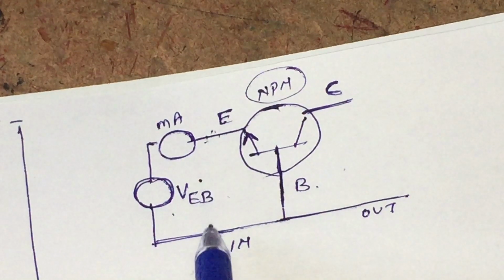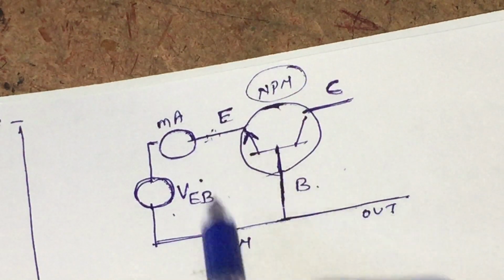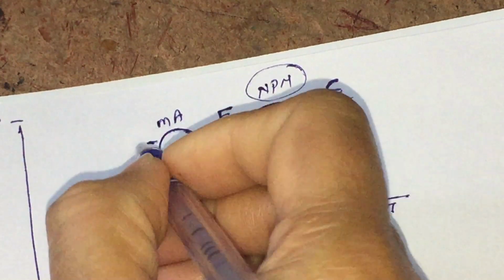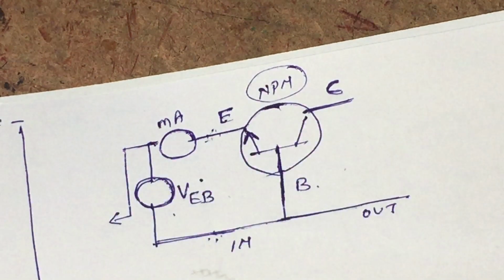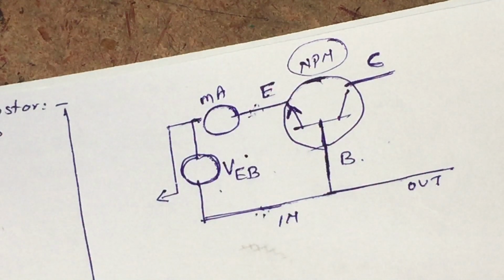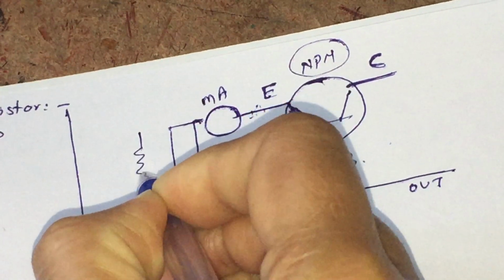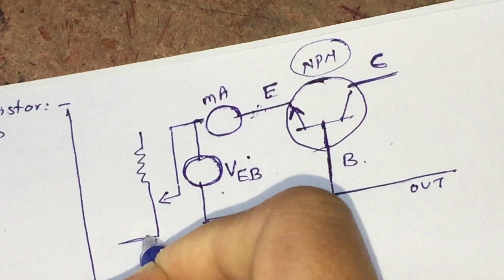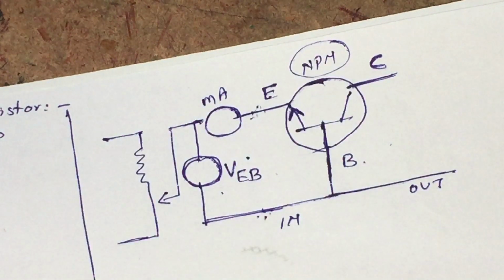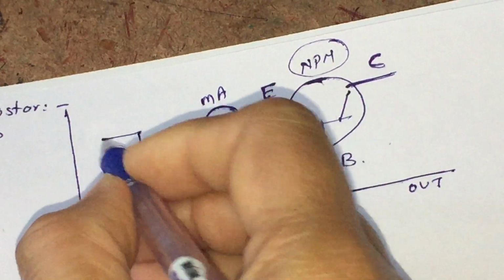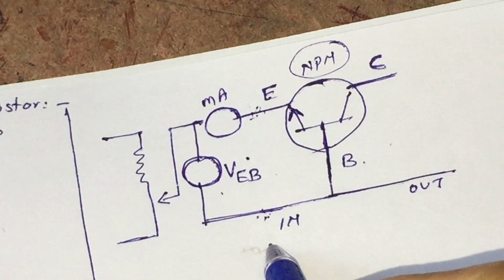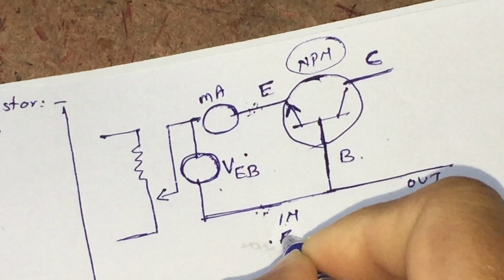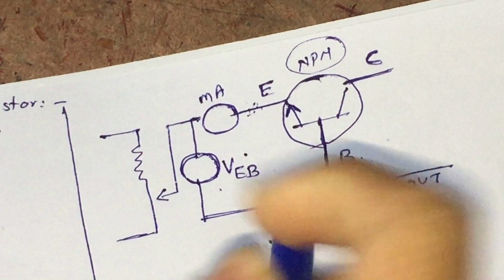To provide the changing voltage between these two terminals, now we will set up a rheostat adjustment in this region, and it will be like this. And we know that these two terminals are our input side, and we have to make it forward biased.